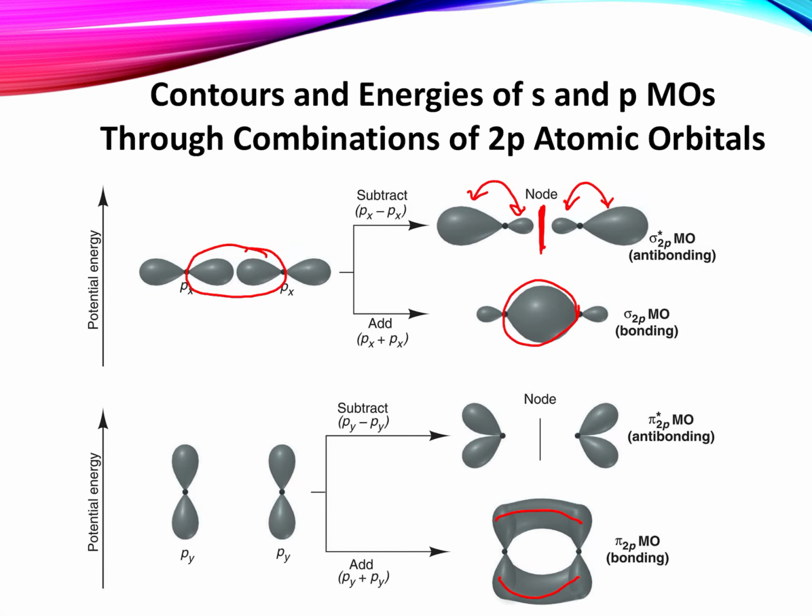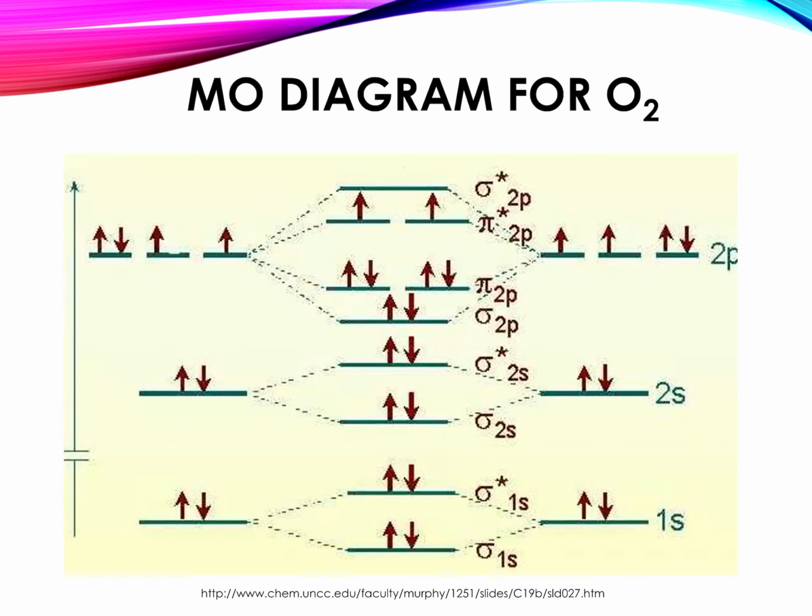And then our anti-bonding molecular orbitals will be this nodal plane again, and the dumbbells are kind of bowing away from each other. So I would be able to recognize what these look like, be able to draw them if asked. So these are the different bonding and anti-bonding orbitals of the p orbitals, whereas the other ones we were looking at earlier were for the s orbitals.